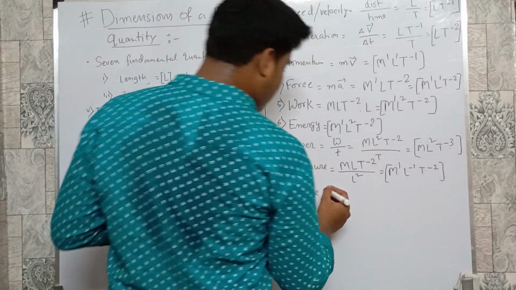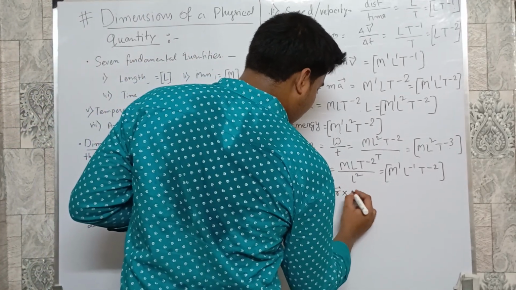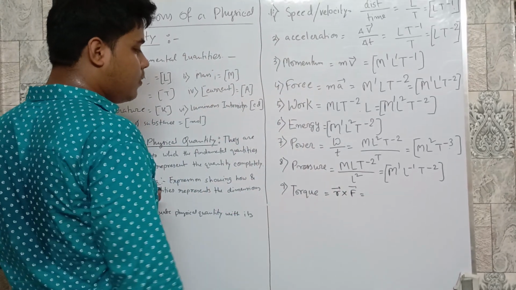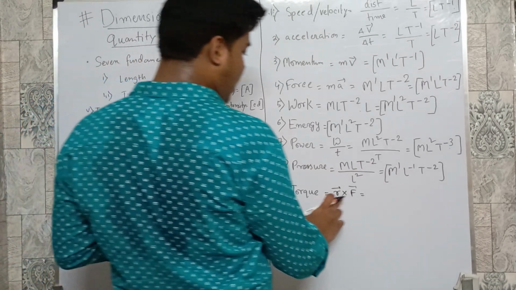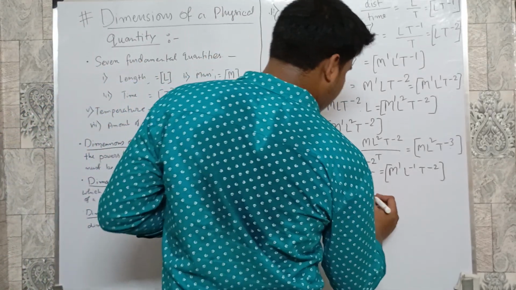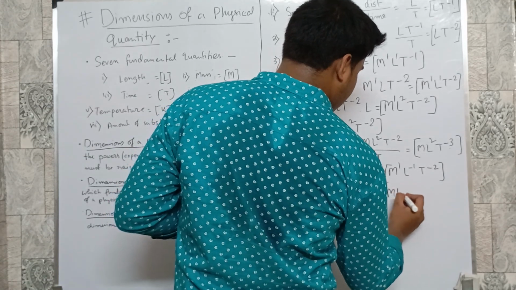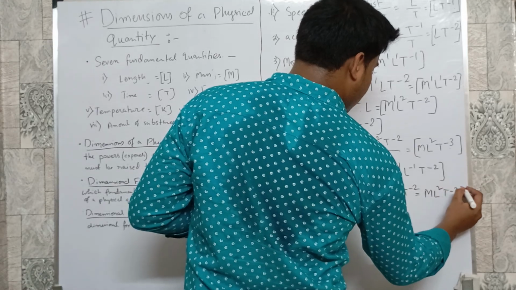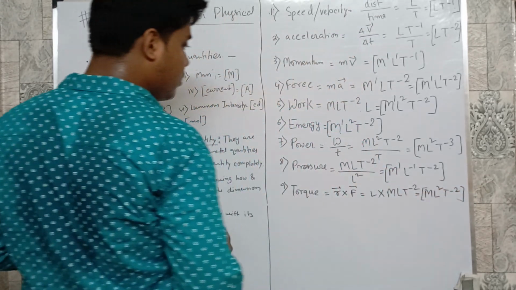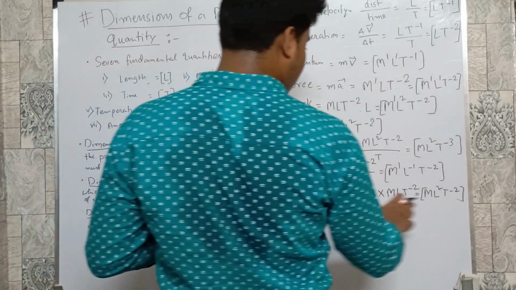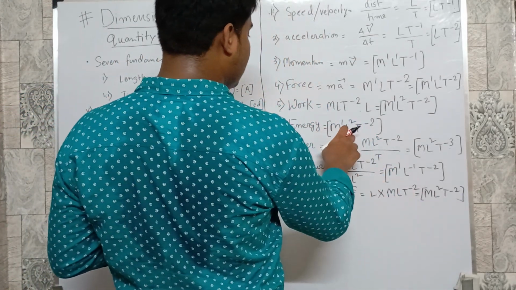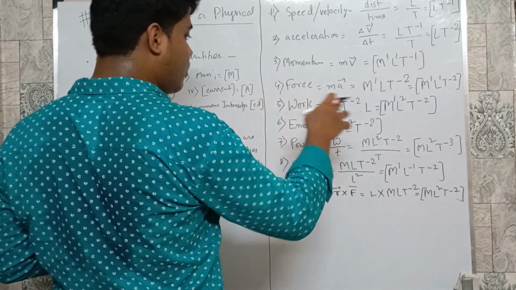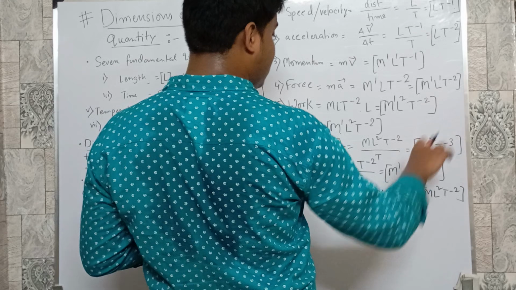The actual formula is R cross F. We will study it in the rotational motion chapter, but for now it is R cross F, that is length into force, MLT^-2, so it is ML^2T^-2. Now there is a similarity. In torque the dimension is ML^2T^-2, in energy it is also the same, and in work it is also the same. So we can see that for different physical quantities, the dimension can be the same.